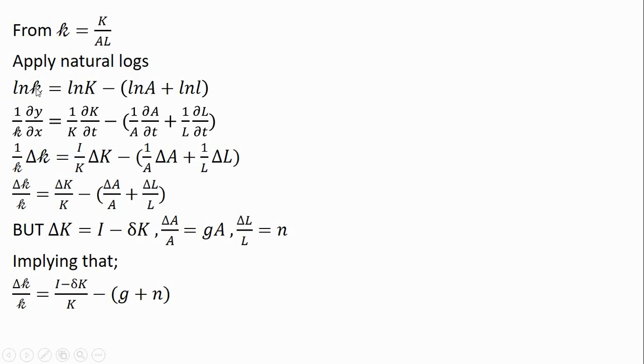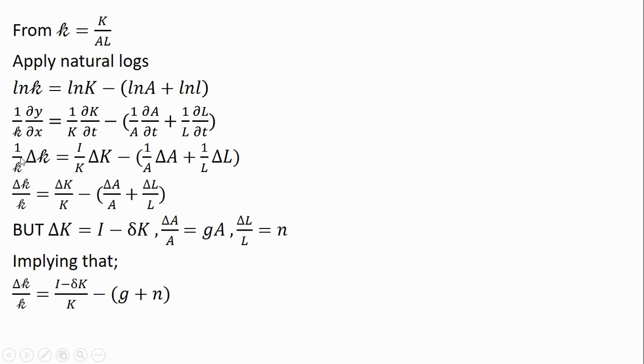So here we come up with 1 over kappa d kappa dt, not dy, being equal to 1 over k, if you are differentiating ln k, 1 over k dk dt, minus, now we come back with the brackets here, minus 1 over a dA dt, plus, if you differentiate ln L, we come up with 1 over L dL dt.